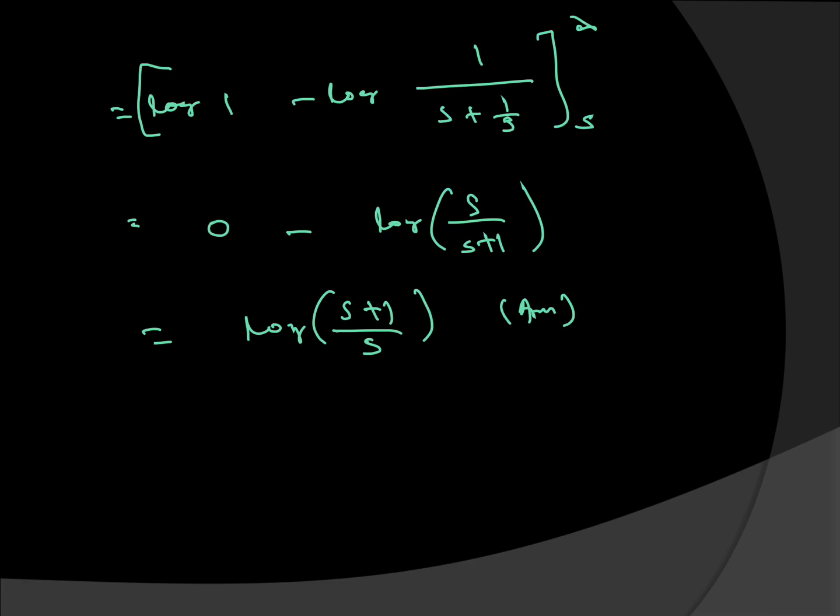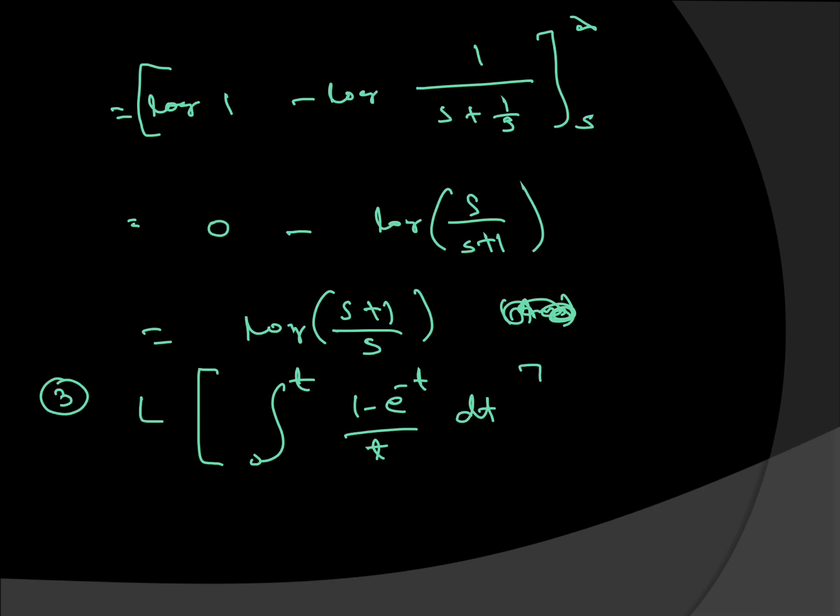Here integration. So again in step 3 you have to do Laplace of 0 to t, here given is 1 minus e to the power minus t divided by t dt. You have to find out.